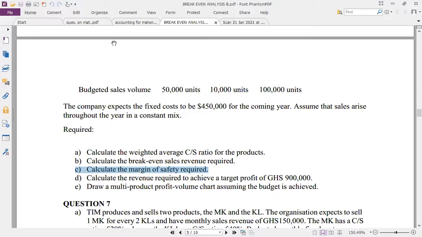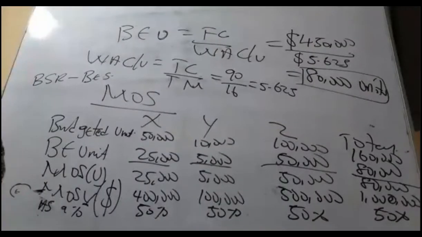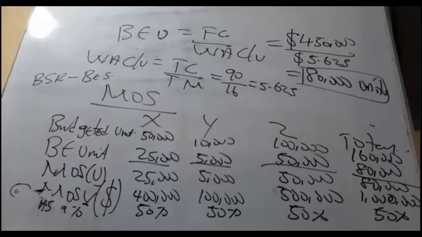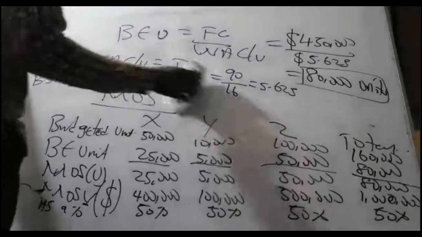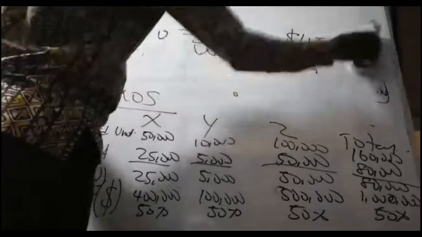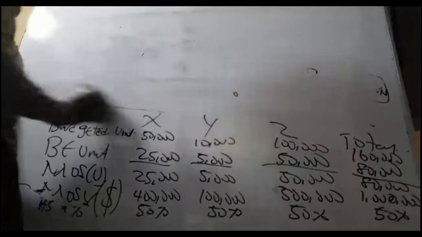So can you try that one for me right now and let's see the answer? Okay, great. So with that particular question, the revenue required to earn a target profit of 900,000, we just have to add it.